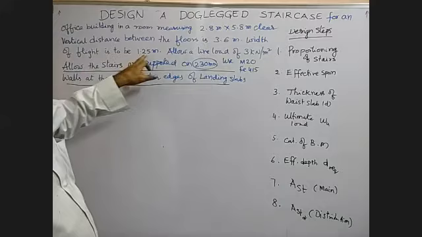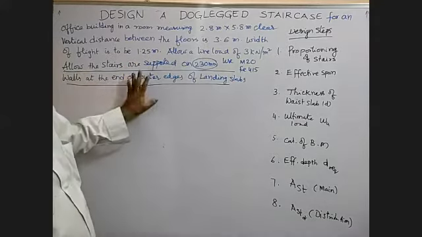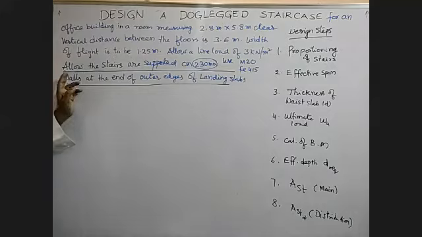The width of the flight is 1.25 meters, and live load is 3 kilonewtons. And one more line is added here: allow the stairs are supported on 230 mm walls at the end of the outer edges of the landing slab.